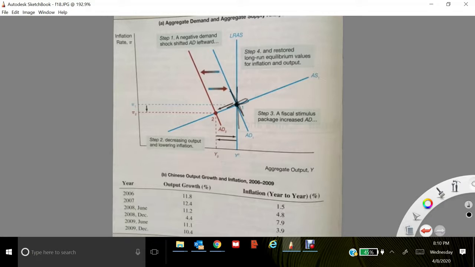China's exports fell. Our imports from China fell, resulting in the demand curve in China falling down to here.